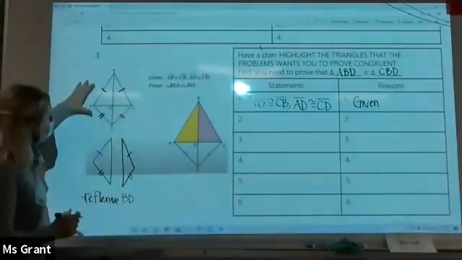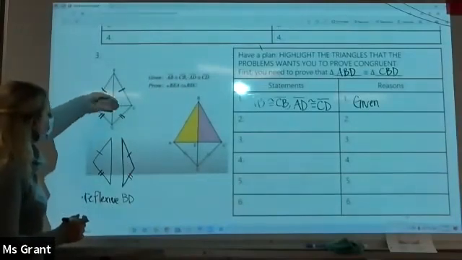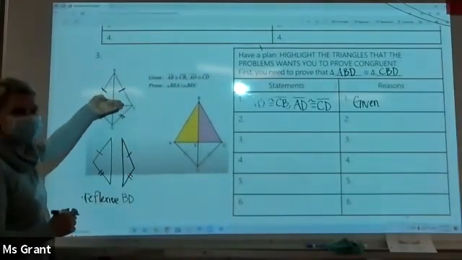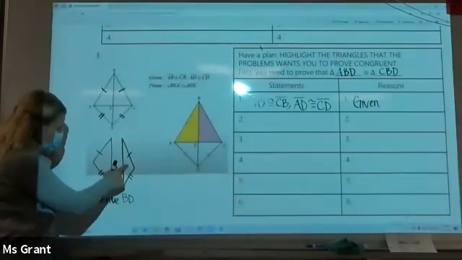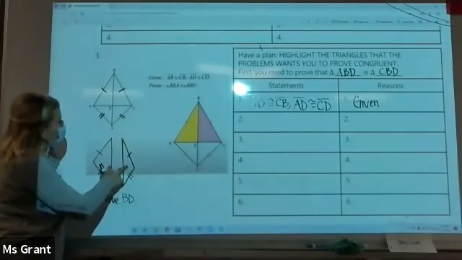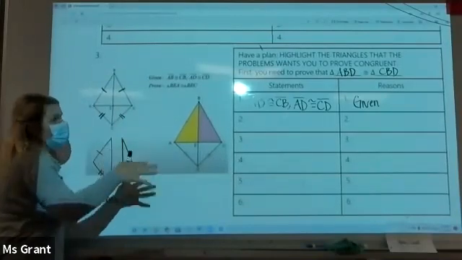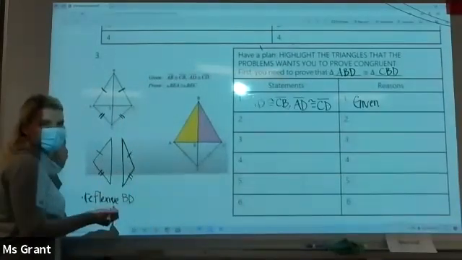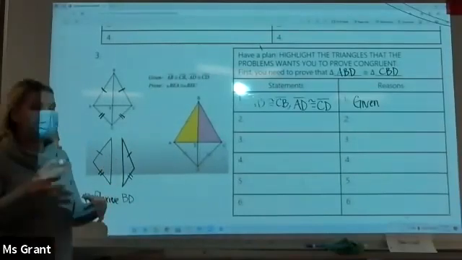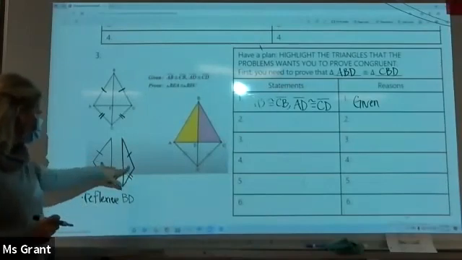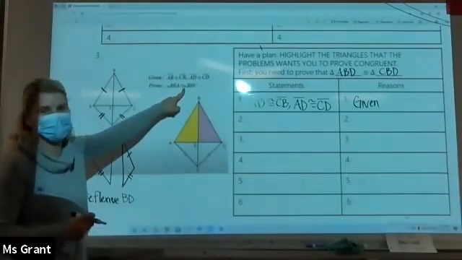But since I was told about this, let's get rid of this horizontal line right here. And I can do this triangle and this triangle first. Because then I'll know that this line is equal. I'll know even more information. It'll give me extra info. I have to prove one triangle first before I get to the other pink and yellow.